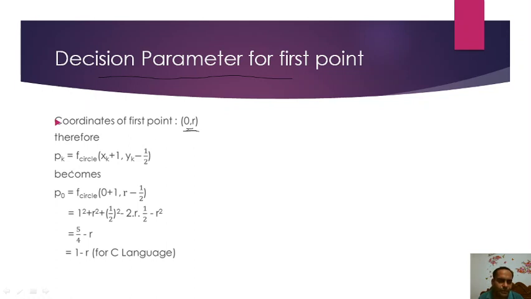Therefore, filling this value into the decision parameter, which is actually f circle at this point, xk will be replaced with 0 and yk will be replaced with r. After filling this into the f circle parameter and doing simple calculations, we get this equation: 5 divided by 4 minus r.